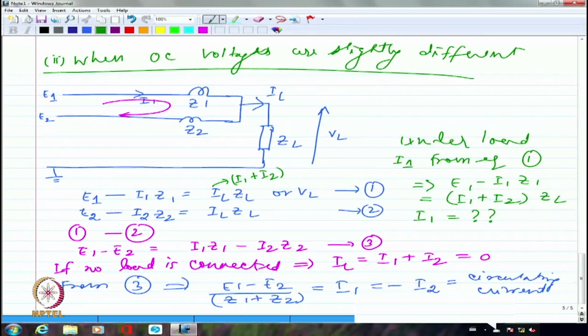Then you eliminate I1 by substituting this I1 into equation 2. Some arithmetic, jugglery, that's all. So you are essentially going to do some algebraic jugglery and then get an expression for I1 separately and I2 separately. That will give you directly how the loads are shared. That's about it. Whenever you have unequal voltage ratios, still you will be able to get how the loads can be shared by using the expressions that you guys will complete, that derivation, right?